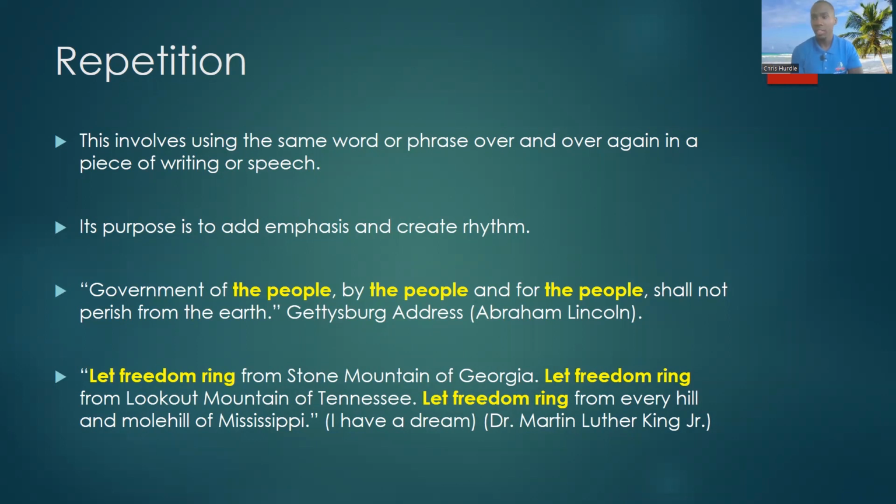the theme of the speech is freedom, because he says let freedom ring, and then he mentions various places, right? So the central message of this speech is going to be freedom, let freedom ring, right?